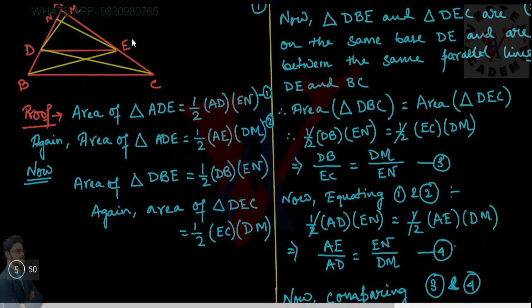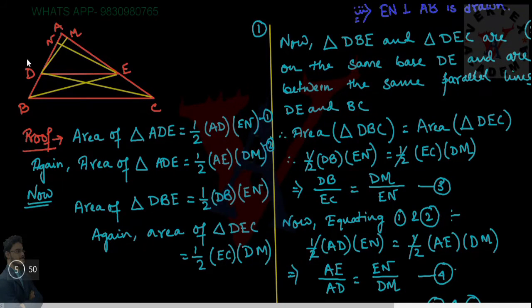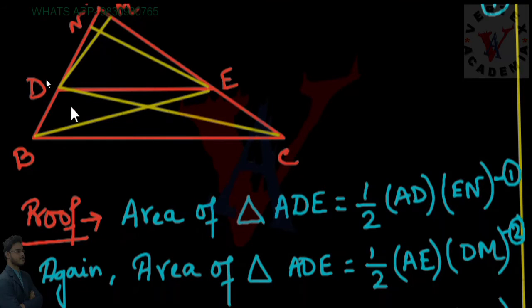Now this is a bit conceptual. You have to understand how to write the area of triangle DBE. You can see DB is the base, and this base DB actually lies on AB, right? So we can say that AB is an extension of the base DB.